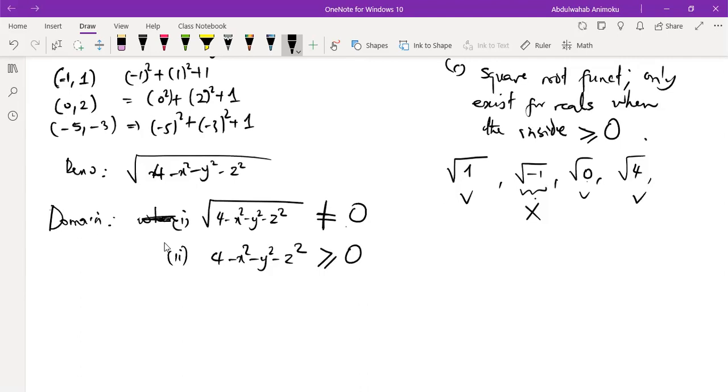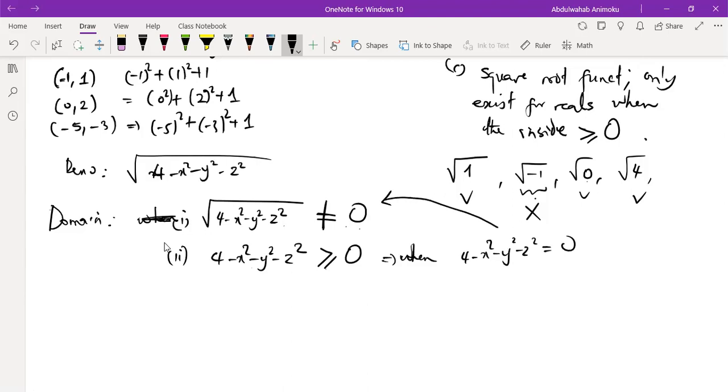We know that this square root of this function must not be equal to 0. Now, the square root will be equal to 0 whenever we have the equality, right? Whenever 4 minus this is equal to 0, this will also be equal to 0.